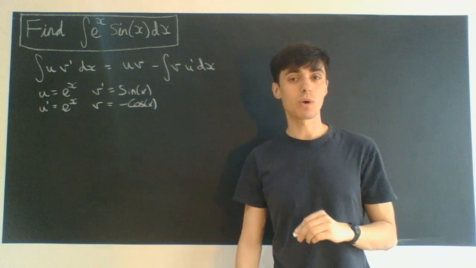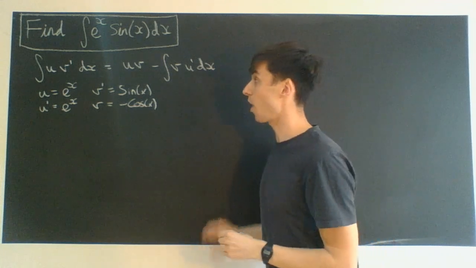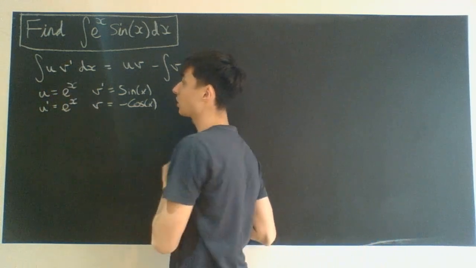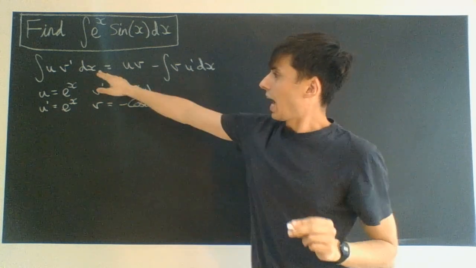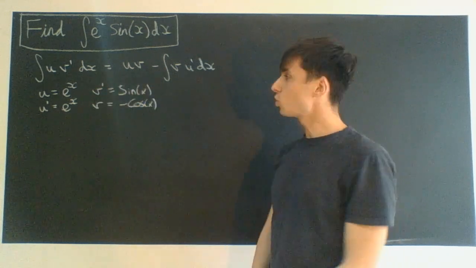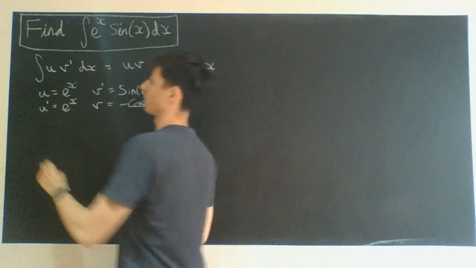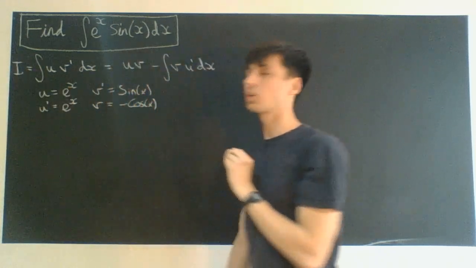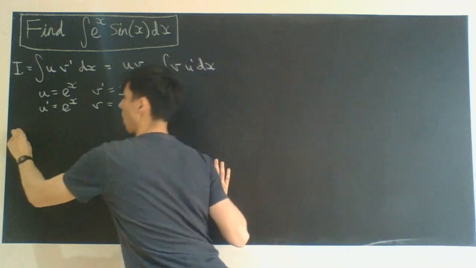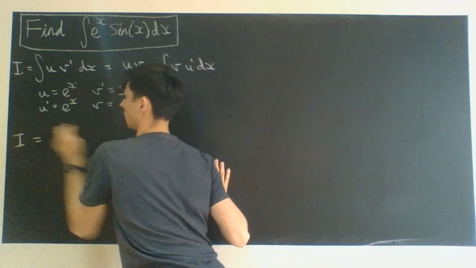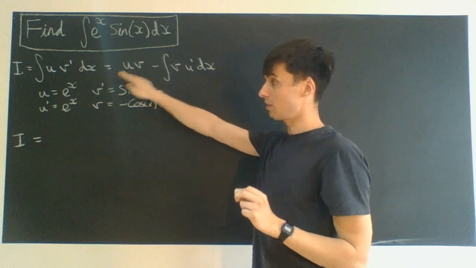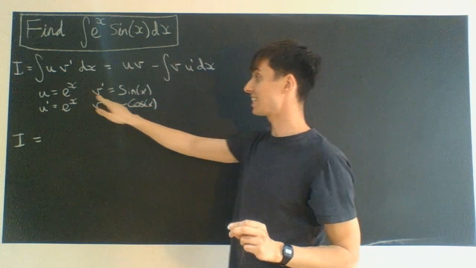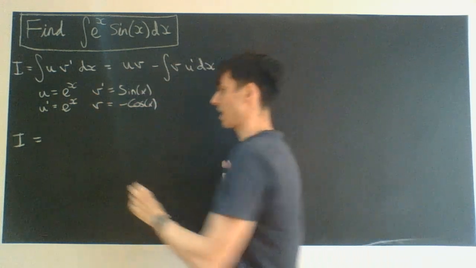Now let's put these into our formula then for integration by parts. So the integral of this thing, and for this method, we should call this integral I. So I equals uv, so that's going to be e to the x times minus cos x.